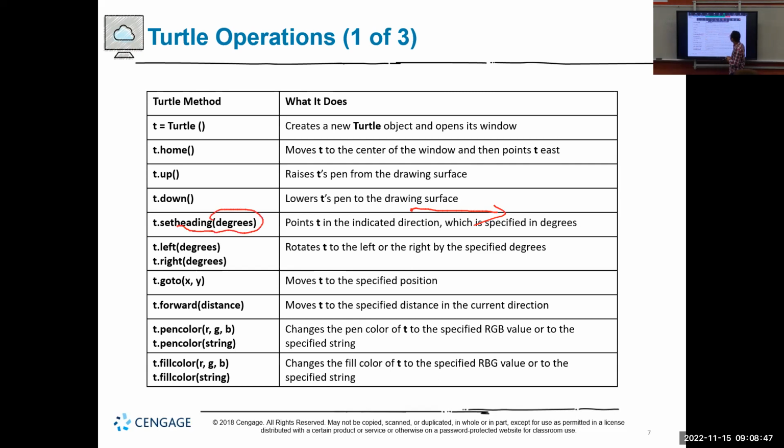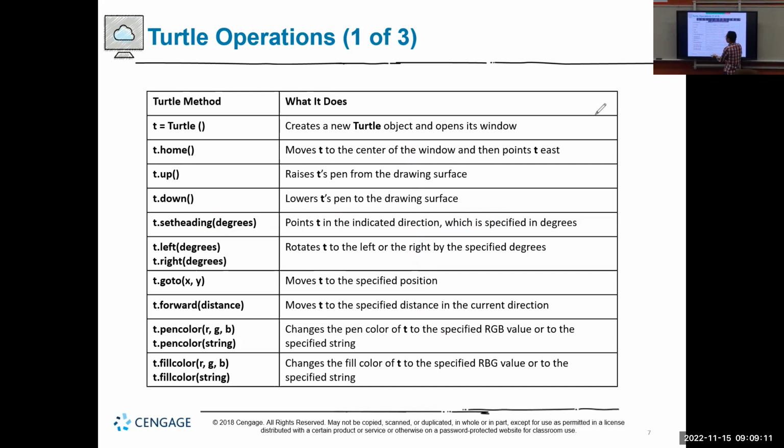Now think about if you want to set it to 90 degrees, it will head vertically on this one, right? And if you want to set it to 180, it will go in the opposite direction, right? And so on. This one is a 270 degree here, right? Okay. So that you have the t.heading degree, right?